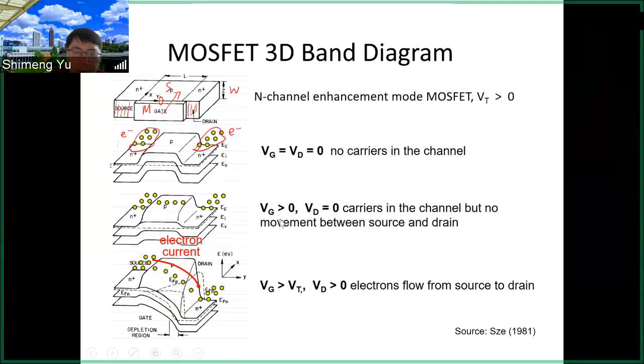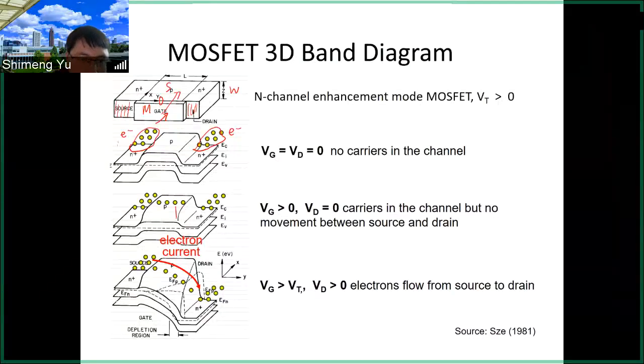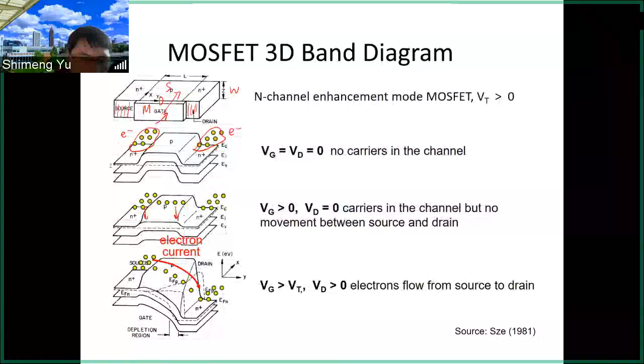And then if you apply the gate voltage, but keep the drain voltage 0, this positive gate voltage applied here will bend down the band towards the surface of the silicon. So that's why here the gate voltage is going to bend down the band.